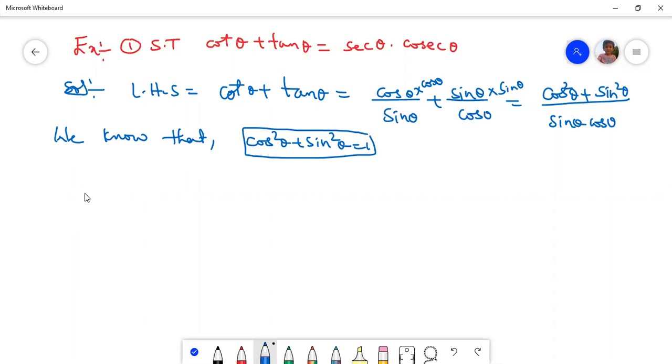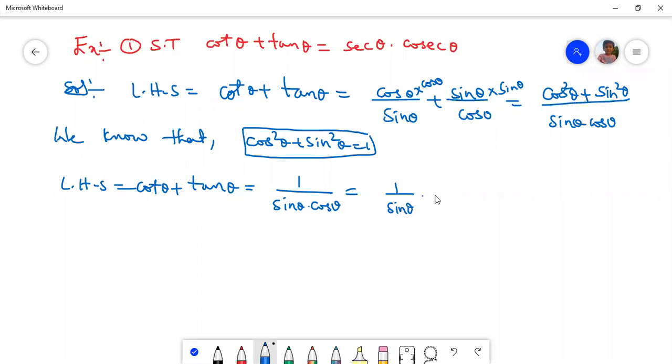From this we can write LHS is equal to cot theta plus tan theta equal to 1 by sin theta into cos theta. We should write separate terms, 1 by sin theta into 1 by cos theta.